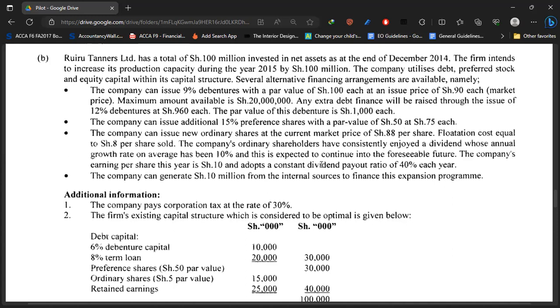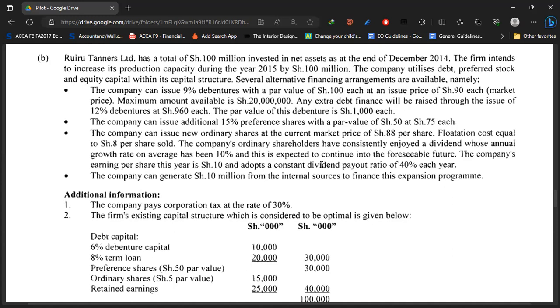Several alternative financing arrangements are available, namely the company can issue 9% debentures with a par value of 100 shillings each at an issue price of 90 shillings cash market price. The maximum amount available is 20 million shillings.